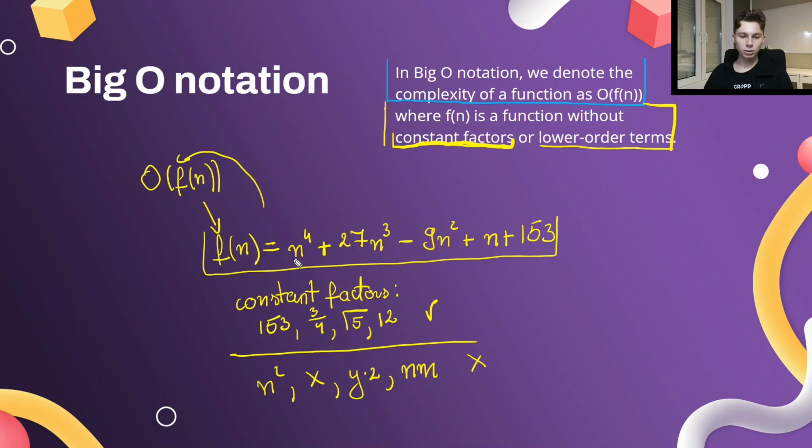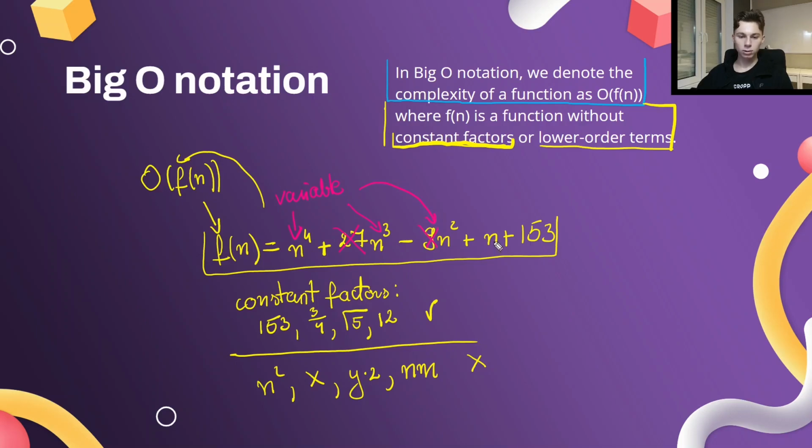So now let's try to do this. Is n to the power of 4 a constant? No. N to the power of 4 is a variable. Is 27 a constant? Yes, it is. So let's erase it. Is n to the power of 3 a constant? No, it's not. It's a variable. Is 9 a constant? Yes, it is. So we erase it. Is n to the power of 2 a constant? No. It's a variable.